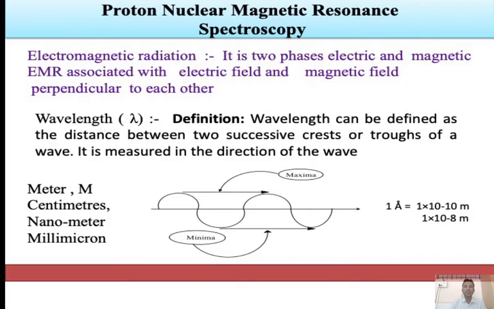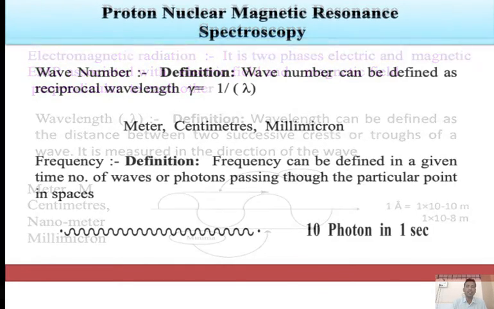Wavelength can be defined as the distance between 2 successive crests or tops of the wave. The top side we call the maxima, the bottom side the minima. It is measured in meters, centimeters and nanometers.